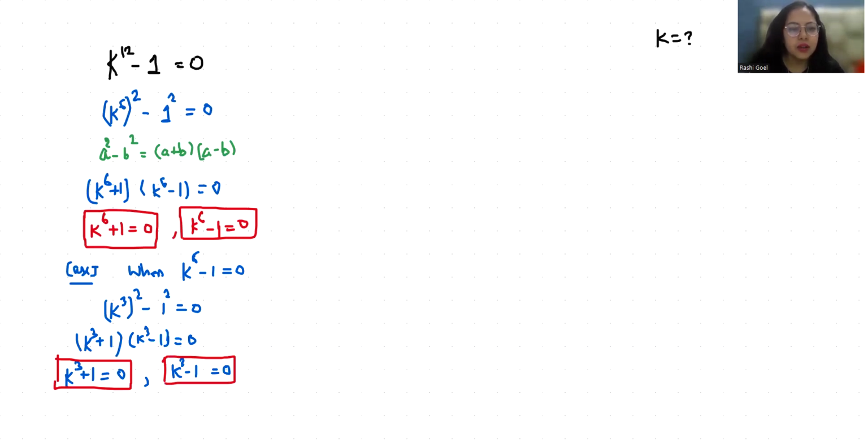Now k cube plus 1 is equals to 0. We can write it as k cube plus 1 cube is equals to 0. Now I'm going to use identity that is a cube plus b cube, which is equals to a plus b times a square minus ab plus b square.